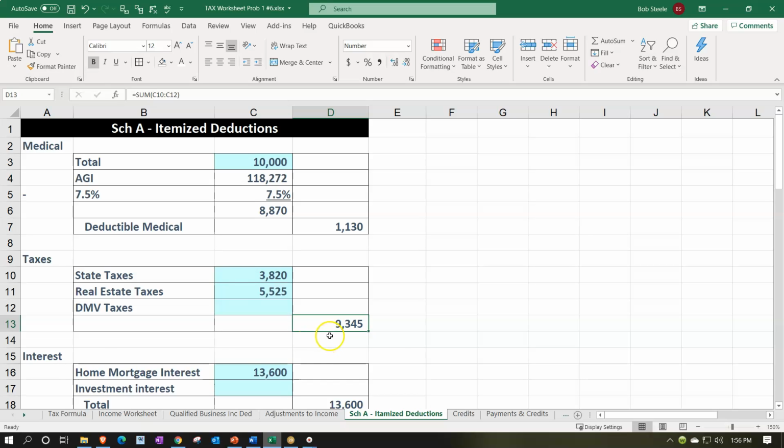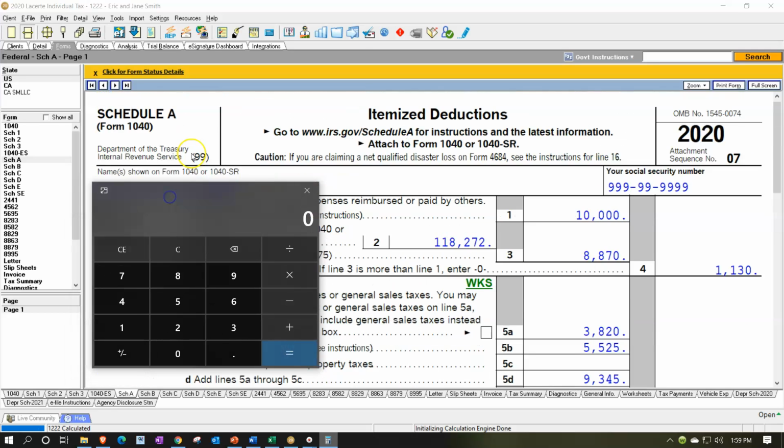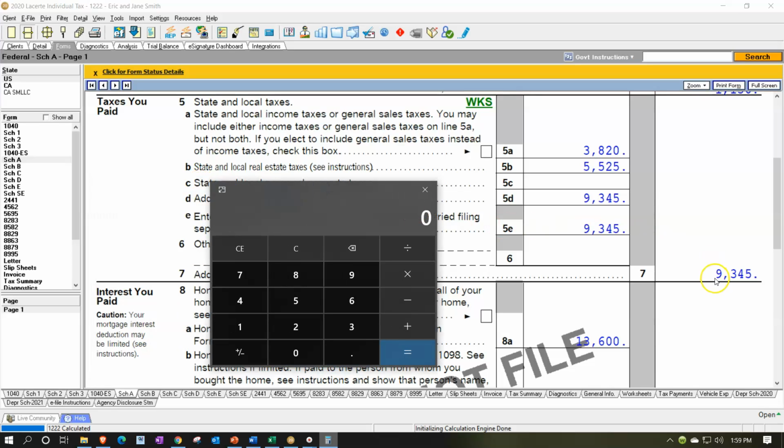So if we look at the tax return and go on over to the Schedule A, and we're in the taxes paid on the Schedule A, then we could say, okay, it's under that 10,000. It's at the 9,345. But this property tax item here is one major component, and then the payments that we had, both in terms of state withholding, not the federal withholding, and the amount that we put for the estimated payments are the amounts that are included here.